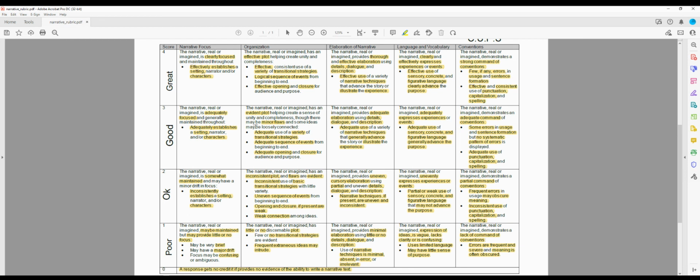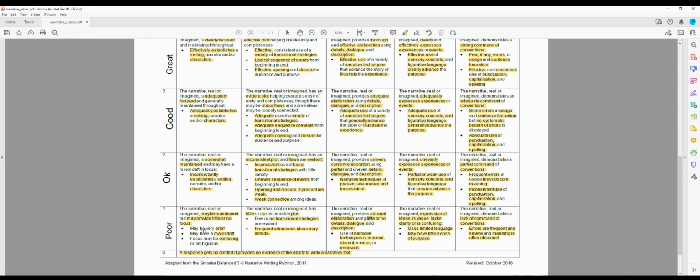For a few of you, you have a 3 paper, and so I want you to create a good paper. If you have an okay paper, then I want you to have a good paper. I still have some students who have maybe one or two areas that are poor, but I can't think of one student whose draft is at a poor level, but it's still there. So you may have minor drifts and you don't use certain things, like you forget to put a plot or you don't have a beginning.